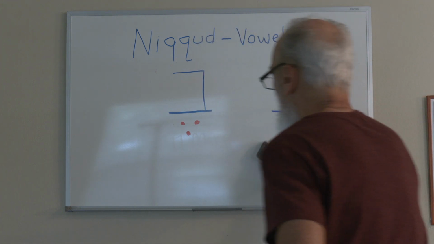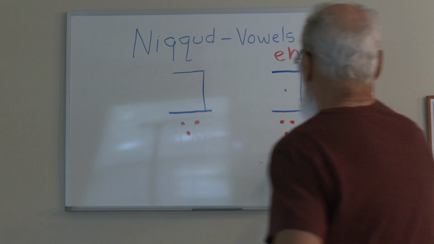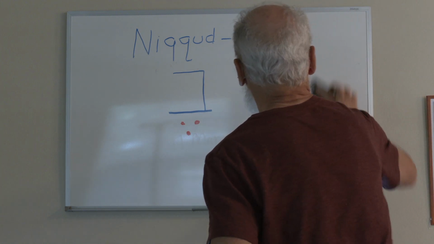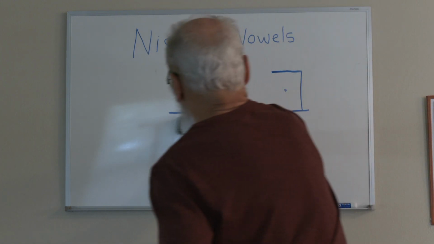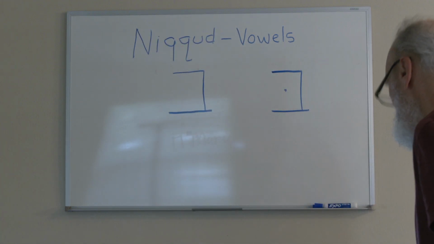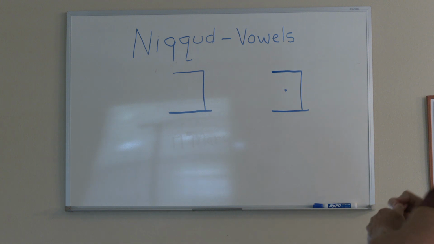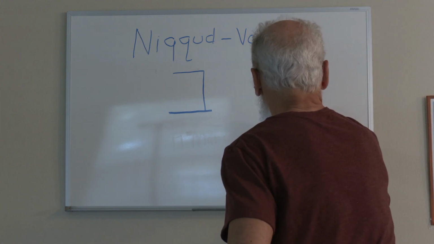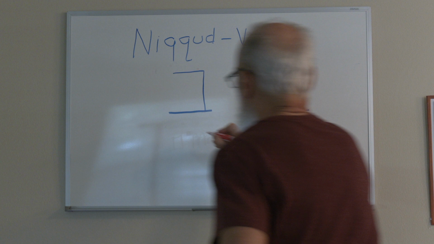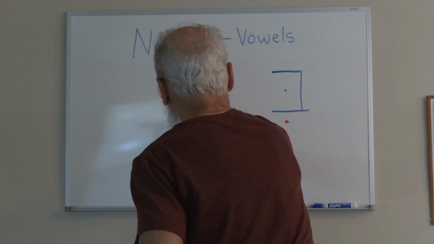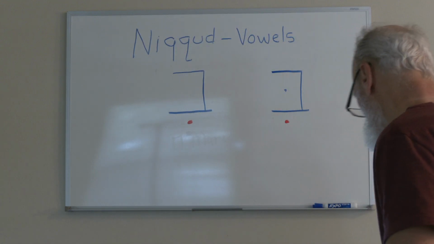So we have the a, e, and we're going to move now to the i sound in Hebrew. And it is simply like this. It's one dot under the letter. Again, I hope you could see that well.